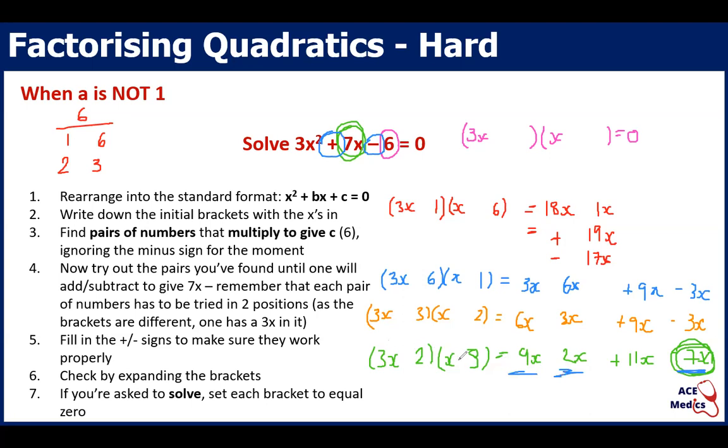So to make our 9, that has to be a positive because 3 times 3x is 9x, and that has to be a negative because minus 2 times x is minus 2x. Does that make sense? Is everyone with me?